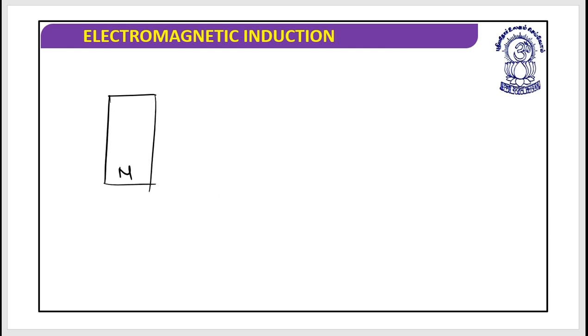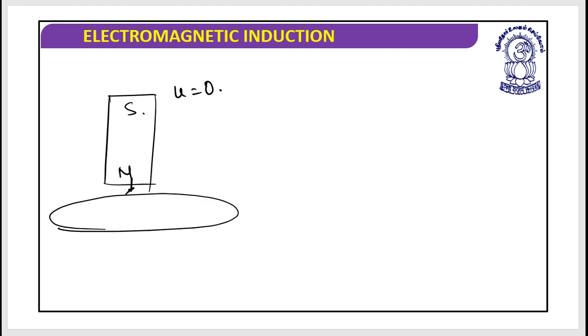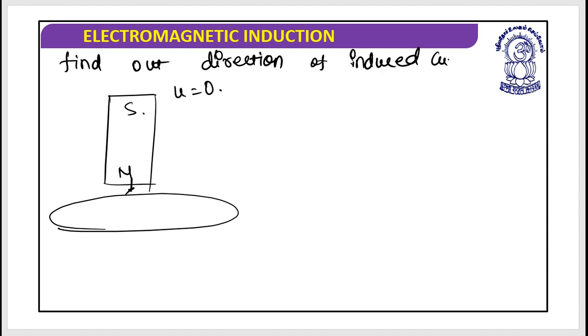Let's look at this. This is north pole, this is south pole. This is the coil, and it is moving in this direction. Let's say it is in free fall. The question is to find out the direction of induced current. This is the requirement.